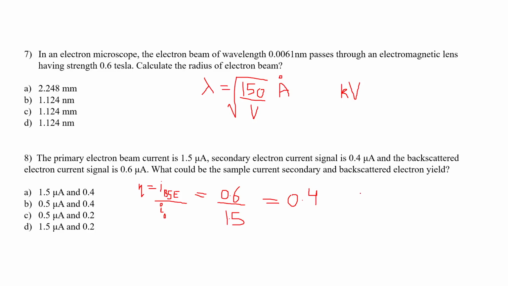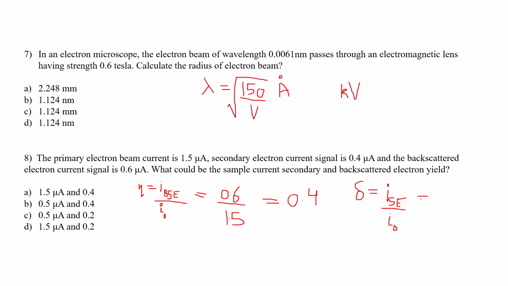And to calculate your secondary electron yield, that will be given as delta, which is the current of secondary electron divided by your beam current.